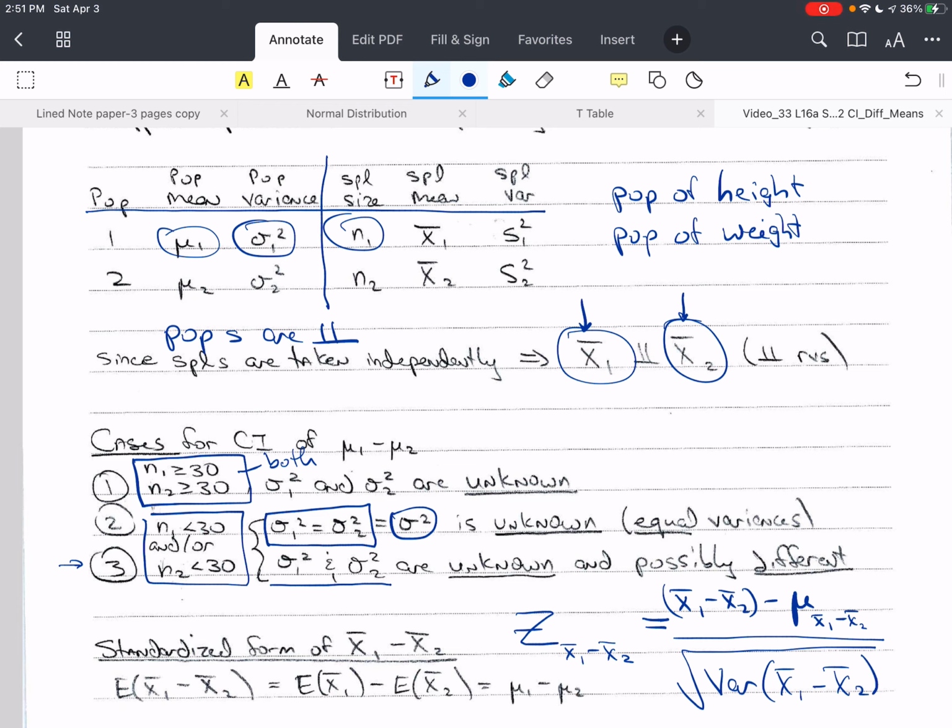So that's the format. So for x, z of x is equal to x minus mu of x over sigma of x.